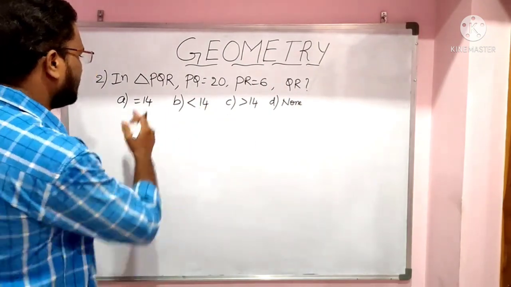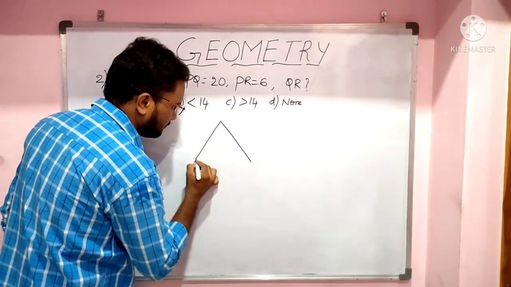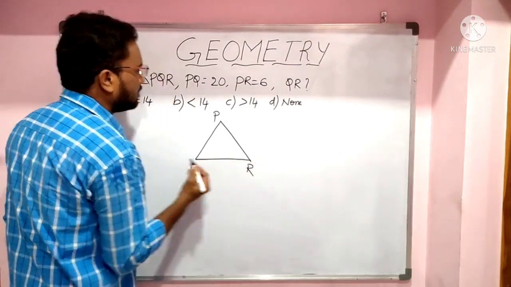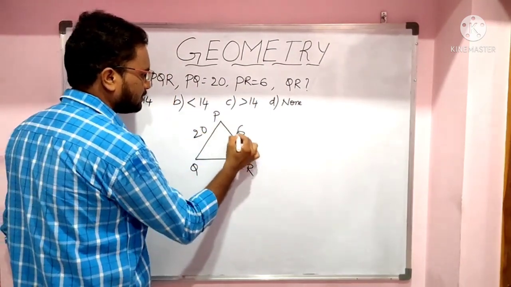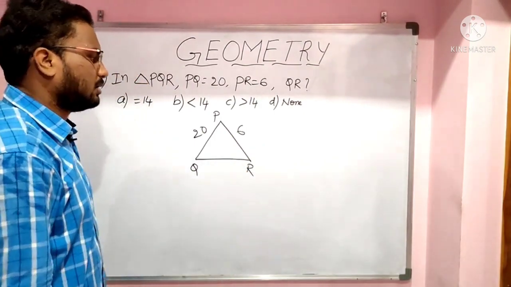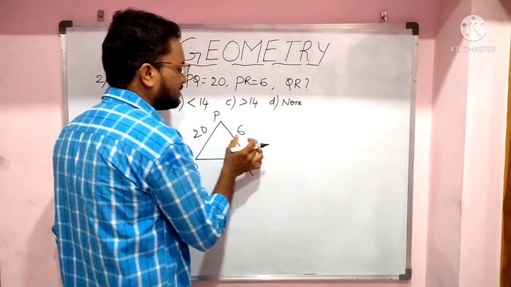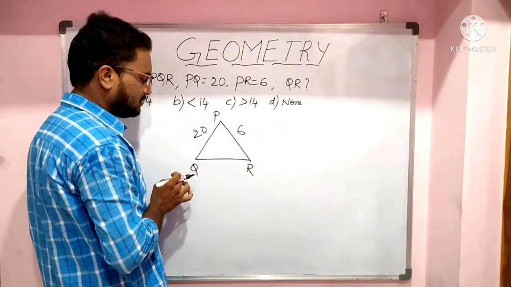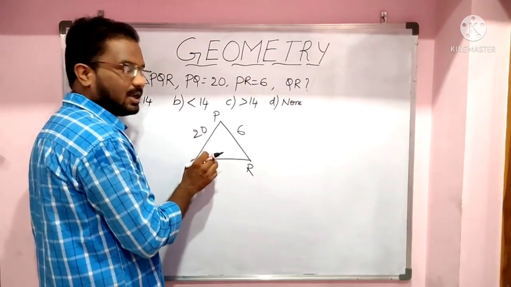So let's draw triangle PQR. Here PQ is 20 and PR is 6. I told you one property: the sum of any two sides should be greater than the third side, and the difference of any two sides should be less than the third side.